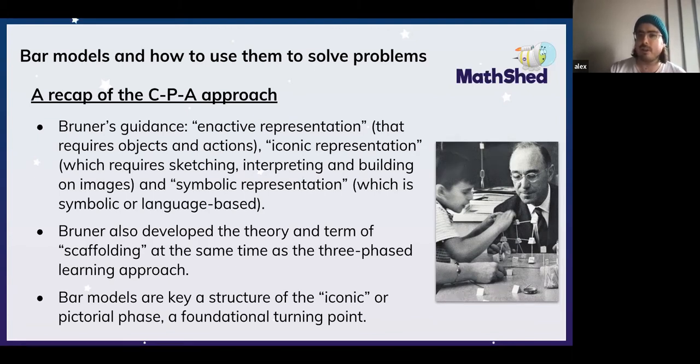You can have this kind of crossover and quite a long period of that three-phase process, where you can start with a concrete pictorial blended moment into a more traditionally purely pictorial moment of learning, and then into that moment where you do have the bar model, but then those abstract number sentences are being written next to those bar model jottings. So hopefully I'll be able to show that.